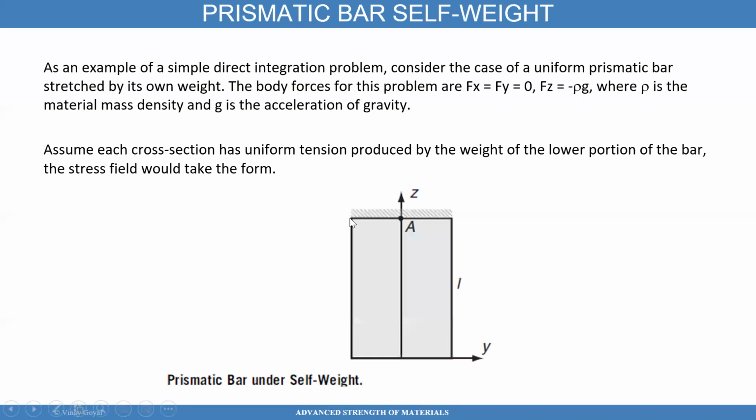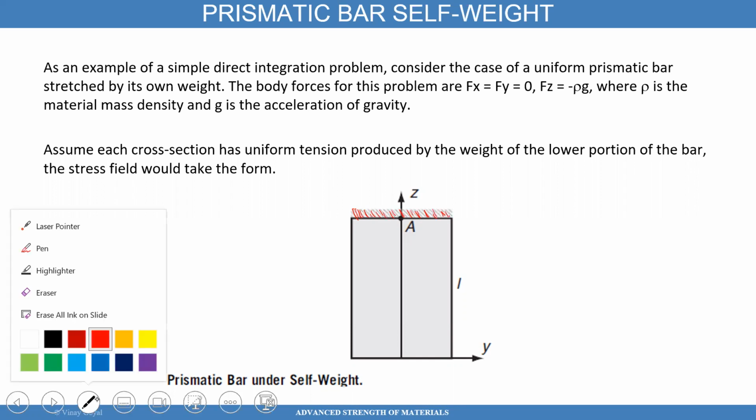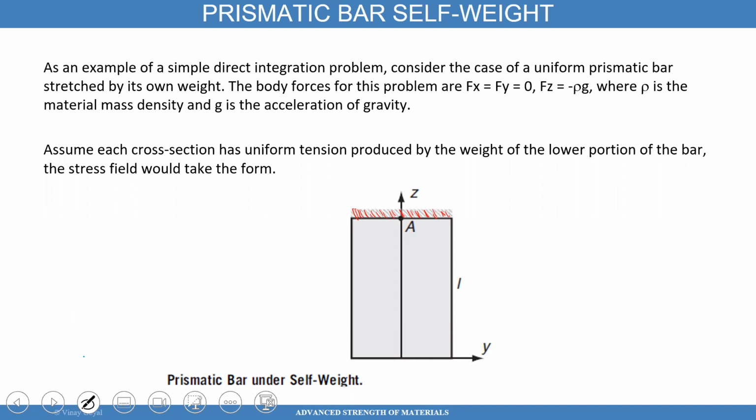Let's look at example number 3. In this example, I have some sort of prismatic bar. So that's your bar here. And that bar is fixed on that red shaded area that I just showed you. My goal here is to determine what the self-weight is doing to the system.